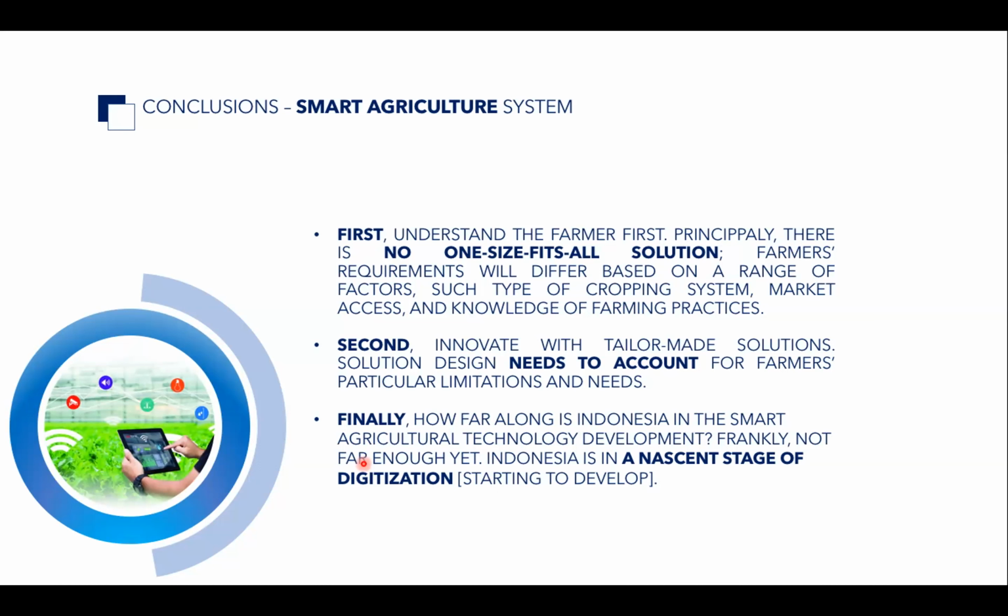There is no one-size-fits-all solution. One area has its particular solution; you cannot generalize solutions for our farmers. Farmer requirements differ based on a range of factors, many already discussed, such as type of cropping system, market access, and knowledge of farming practice.